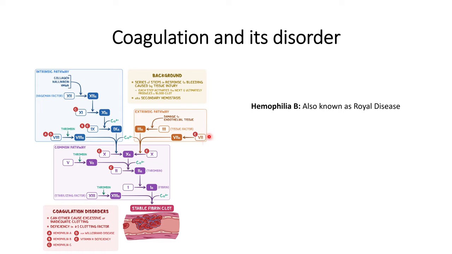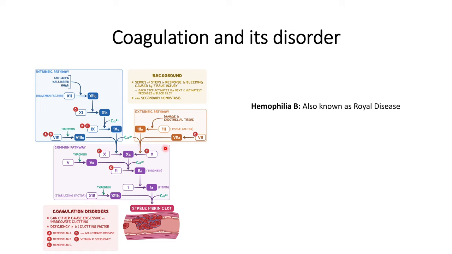The absence of factor 7 is because of vitamin K deficiency. Whenever there is no vitamin K, this kind of reaction is reduced or does not occur, which will lead to a decrease in the efficiency of the extrinsic pathway.